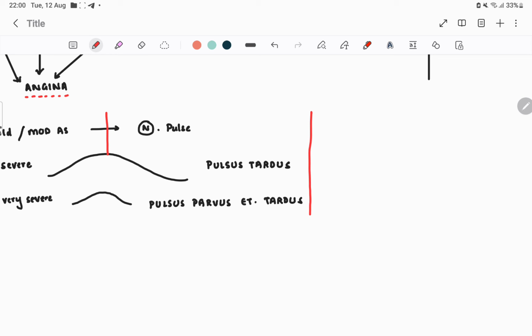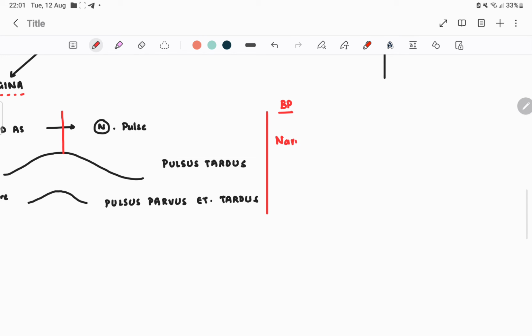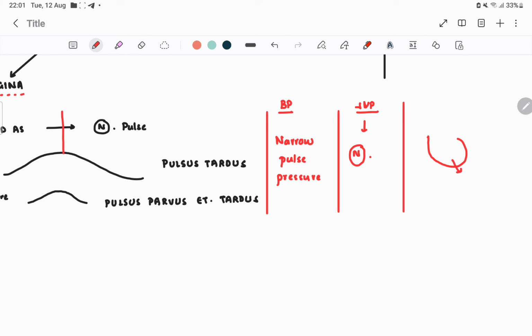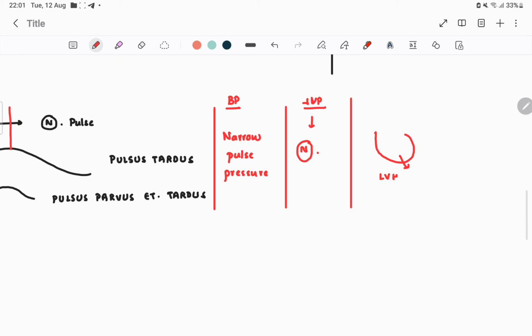If I talk about BP, we have a narrow pulse pressure. Normally BP is not that significant, but the pulse pressure is narrow. JVP is associated with the right heart, so JVP will be completely normal. Due to left ventricular hypertrophy, the heart is displaced a bit outwards.